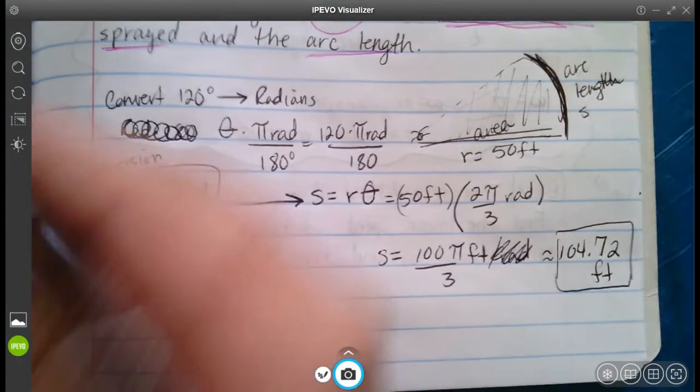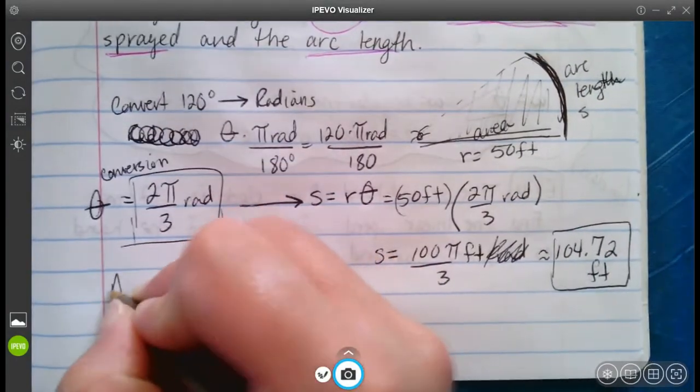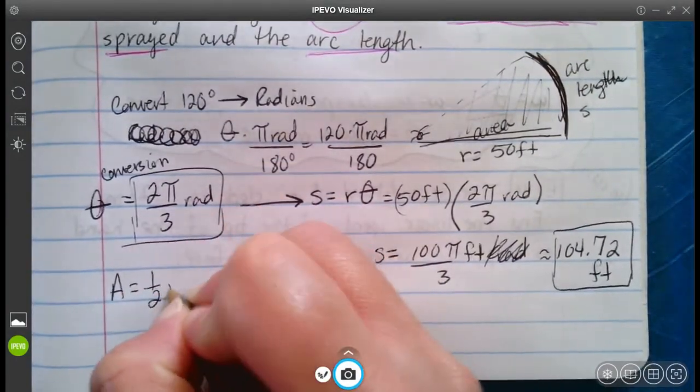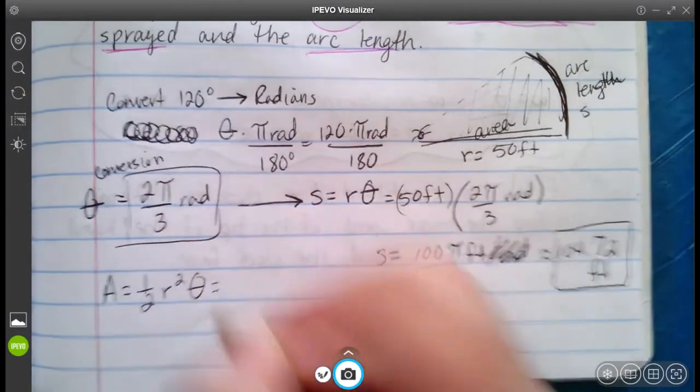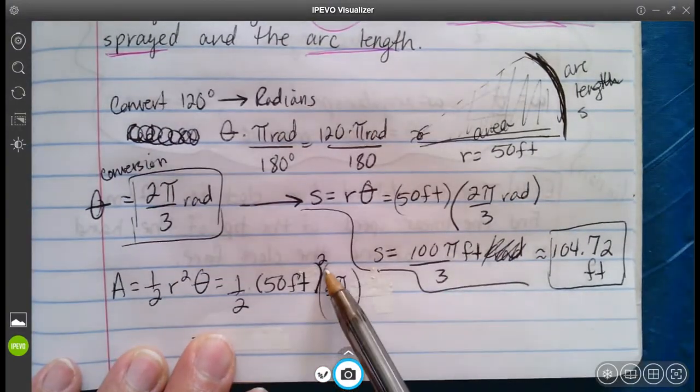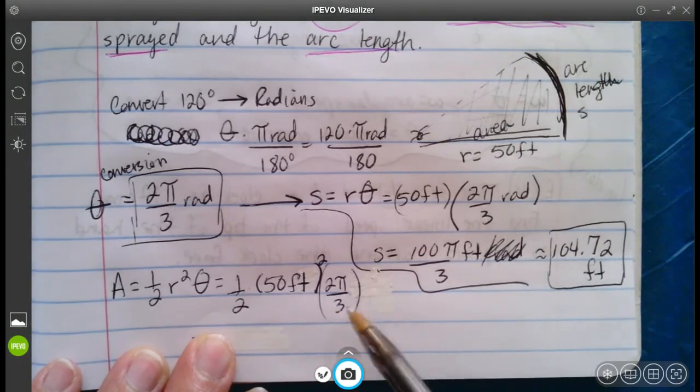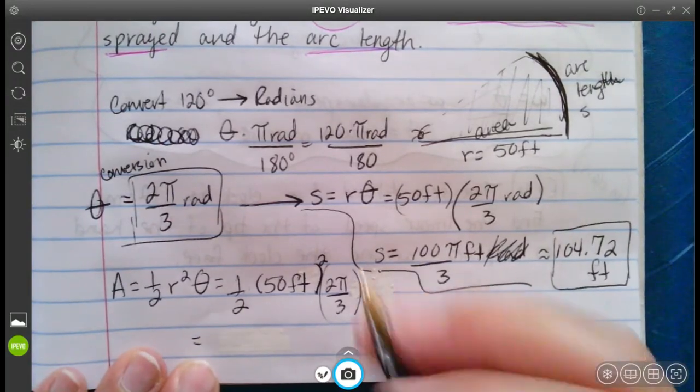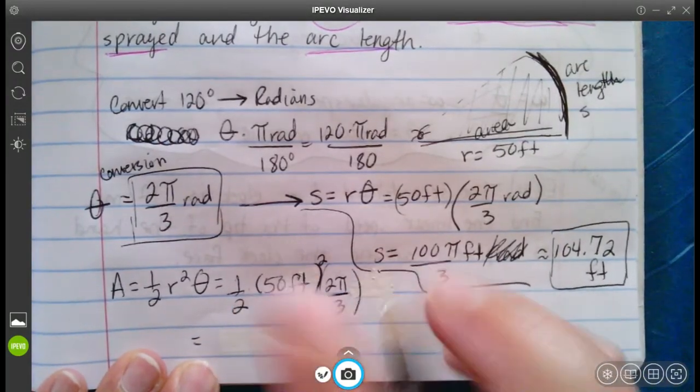For the area, now we have A equals 1/2 r squared times theta. 1/2 times the 50 feet squared times our radian measure. I just took off the radian because we know it's in radians, so we don't have to write that twice. That's going to give us 1/2 times 50 squared.